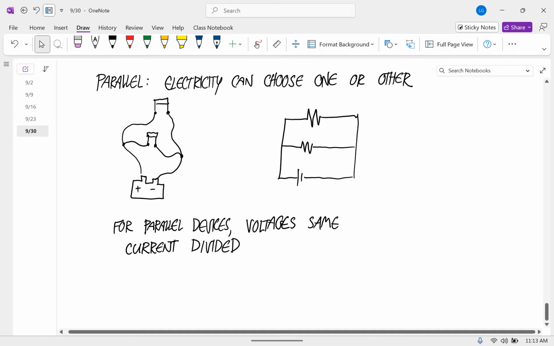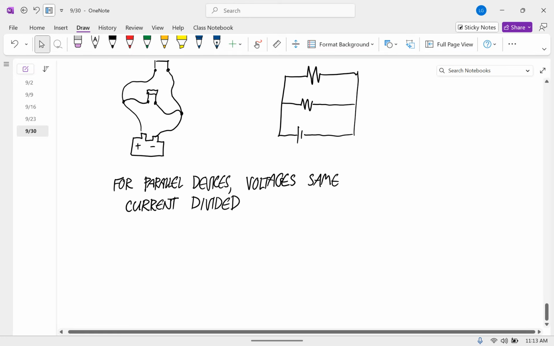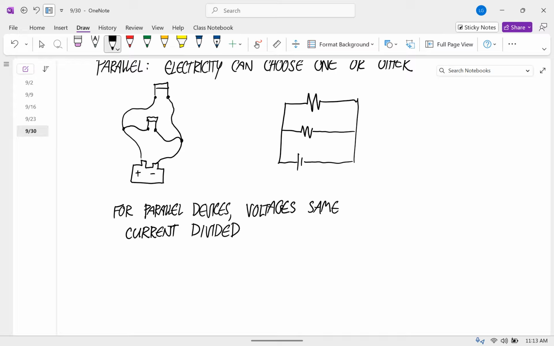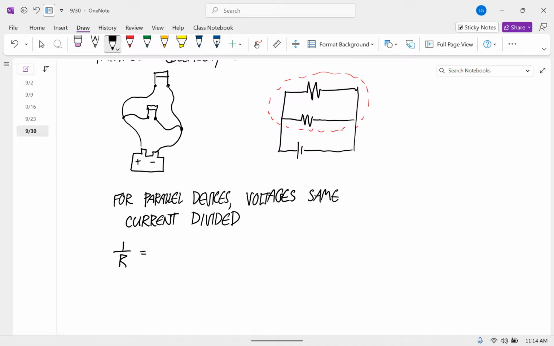And so we're going to use kind of the same approach. This time, lump these parallel resistors together. Again, imagine that you package these two things into a single device. The effect is that 1 over the total resistance is equal to 1 over R1 plus 1 over R2.